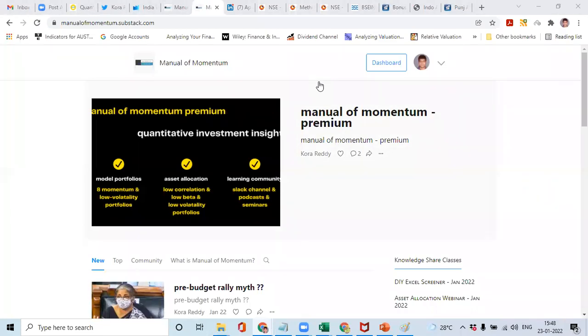I put 80% of my money into one of the momentum portfolios in the MSL 400 index, and the rest of the 20% I put in micro cap, 10% each in alpha low-vol and momentum.